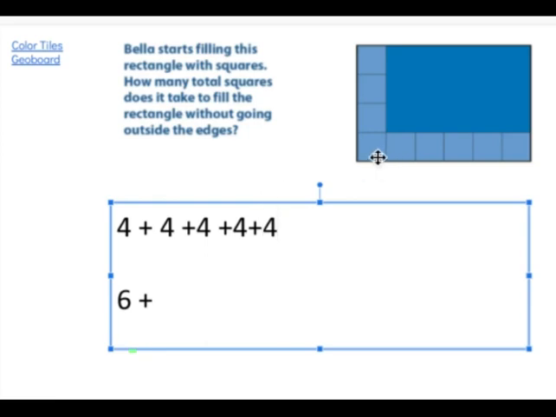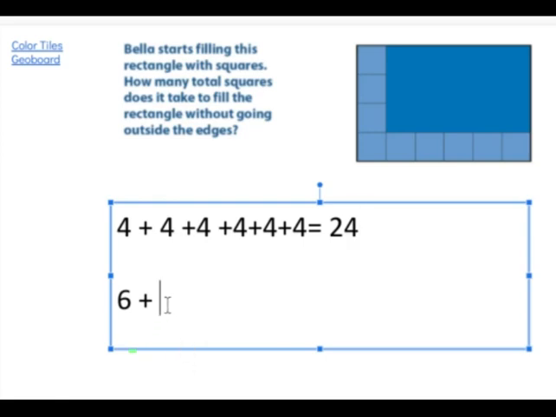Now wait a minute. How many 4s? 1, 2, 3, 4, 5, 6 4s. 6 4s. And that equals 24. 24 squares or 24 square units.